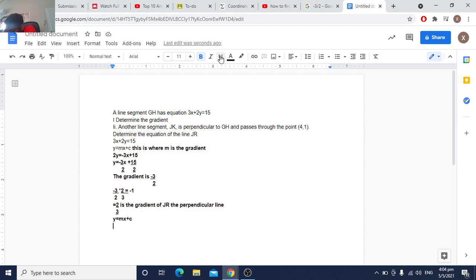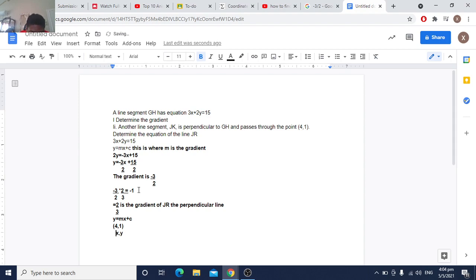We know that it passes through the point (4, 1), so the 4 would be x, and the 1 would be y. So that's what we're going to be using for x and y.